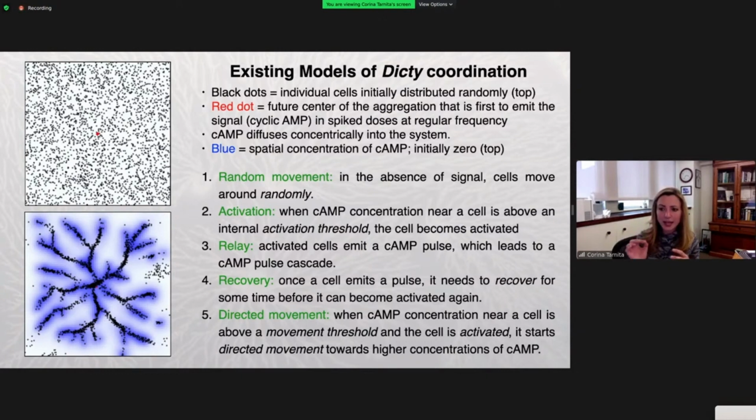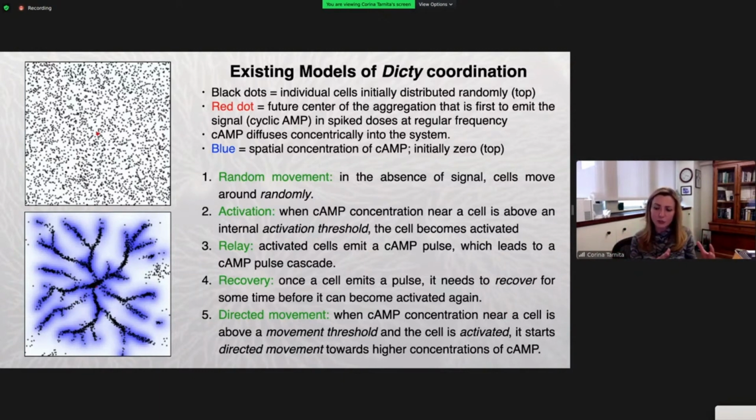So when we got the results about the agar concentration, we immediately had a suspicion that it's not cyclic AMP that is really driving the partitioning of the population into loners and aggregators, that there are other larger molecules.